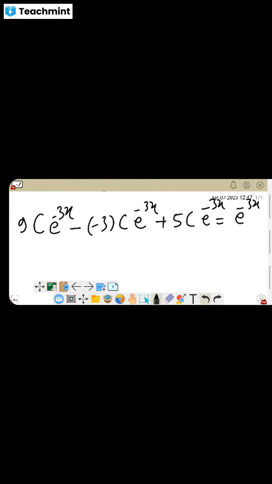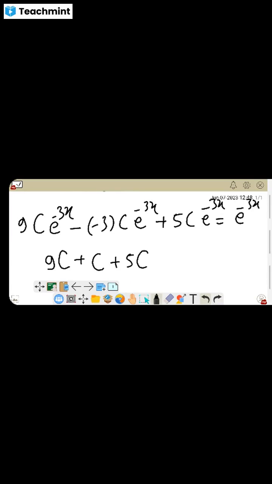So now take e to the power minus 3x as common. Now we have 9c, and by taking minus minus plus, we have 6 into 3c, that is 18c, plus 5c.